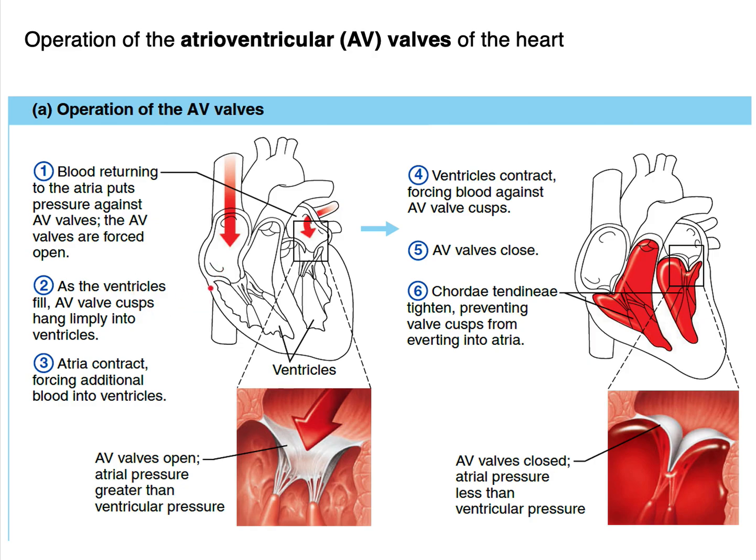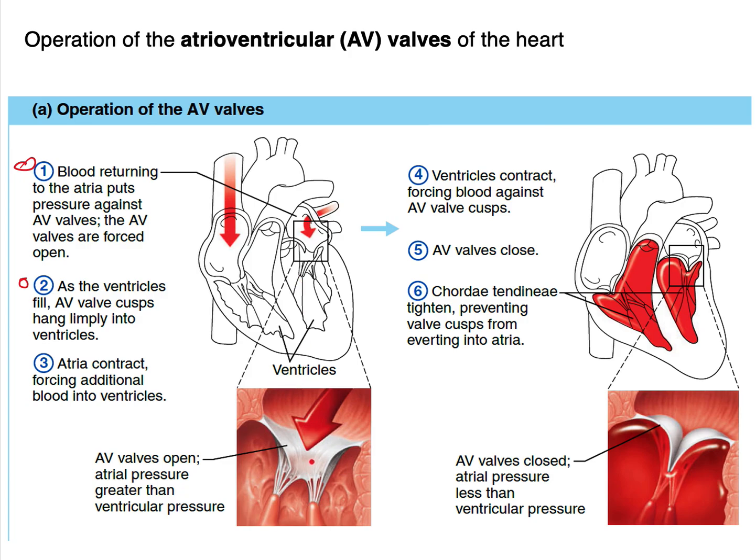So in this figure, guys, which is pretty easy if you follow the steps as you see, the blood returned to the atria. Of course, right or left is the same, but for example, they took the left side of the heart. When the blood returned to the atrium and the pressure increased, the valve will be forced to open.